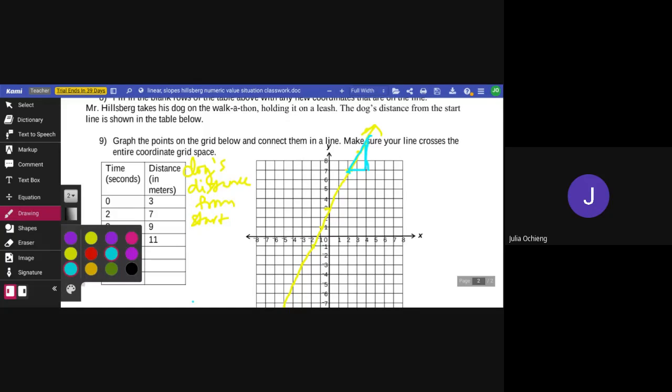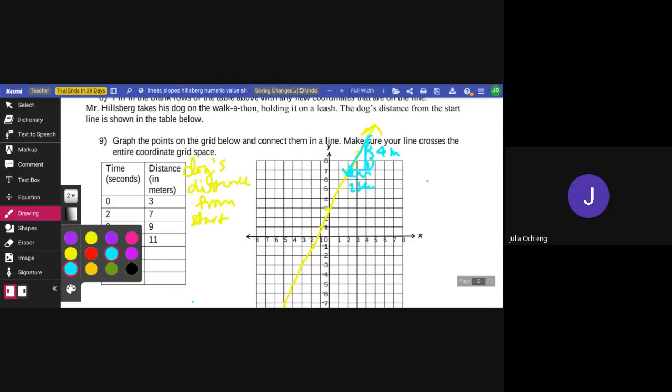All right, so going back to the dog, we're looking at the dog's rate of change. From this point in the right triangle, it goes 1, 2 seconds over, and then 1, 2, 3, 4 meters up, because it goes from 7 to 11.